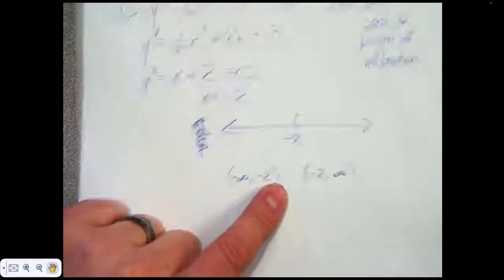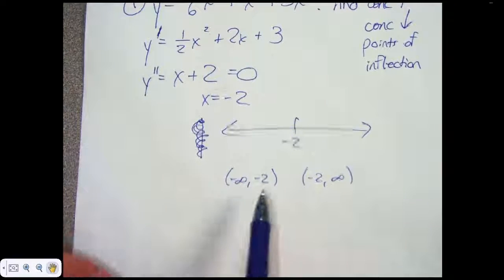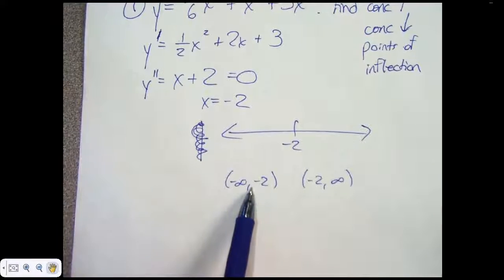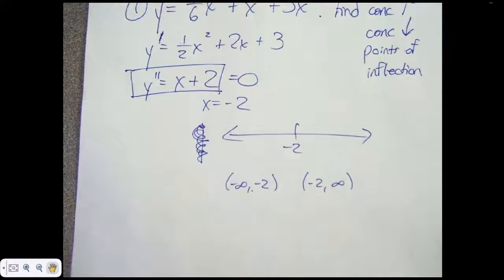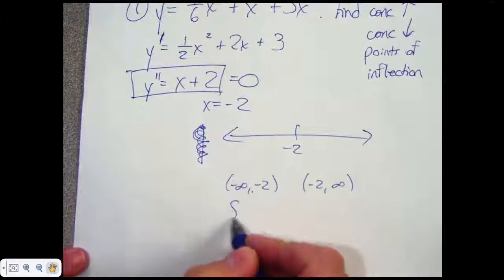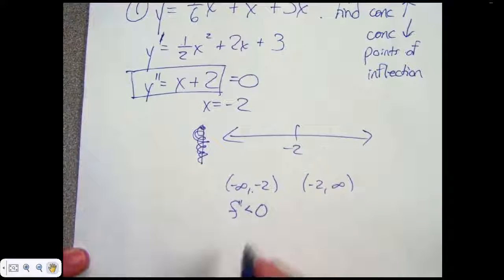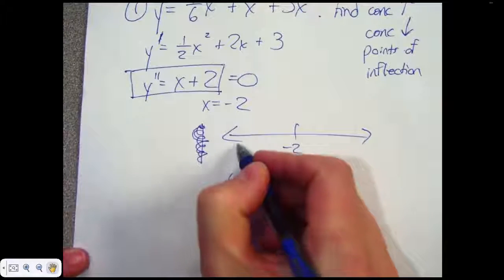Because this came from the second derivative, I'm going to plug back into the second derivative. So pick like -10, let's say. Plug back in there, and it'll come out negative or positive. Negative. So f double prime is negative, which means f is concave down.